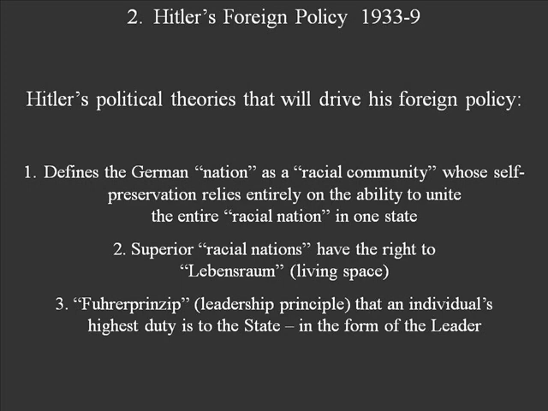Because if the Germans are best, they should have a lot of land so that Germans can grow their population. And with this whole racist theory, he literally thinks he's saving humanity from getting worse and worse and worse. What in the 1800s they called degeneration. De-evolution. We're going kind of slowly back down to the caveman days kind of thing.